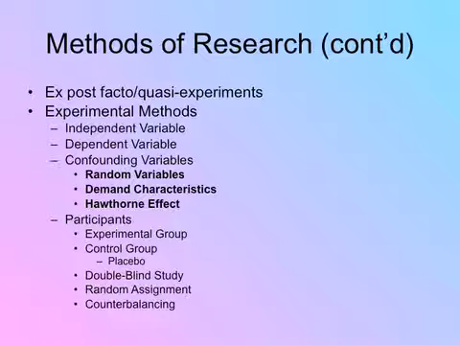It's the same thing in an experiment. Random assignment is just saying that participants have an equal chance of being placed in either the experimental group or the control group. Okay, why is that important? What's the purpose of random assignment?